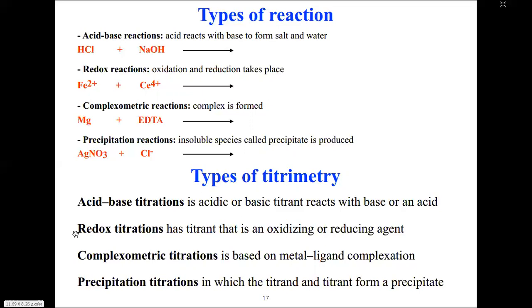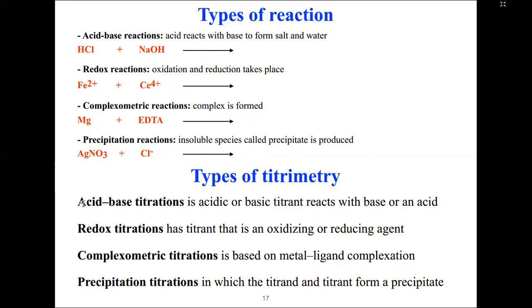Precipitation titration, you need to have two species, the titrant and the analyte, to form the precipitate. So basically, if you look into all these titrations or all these reactions, there are two reagents, okay, two reagents. They have to react with each other and you must know the chemical reaction beforehand, okay?